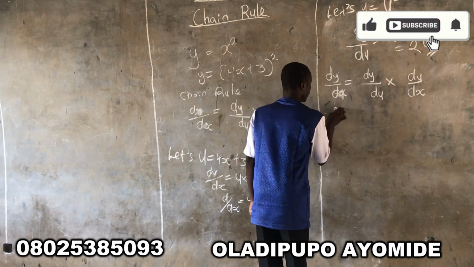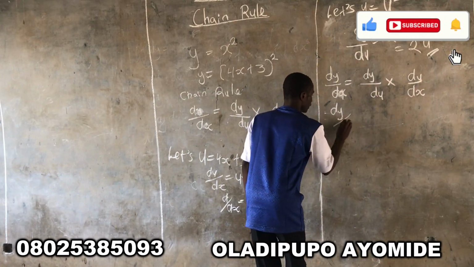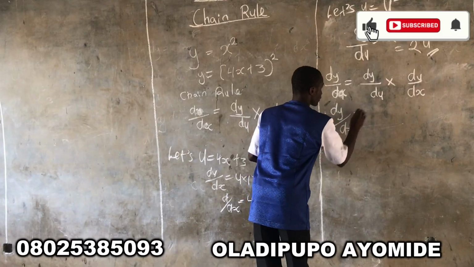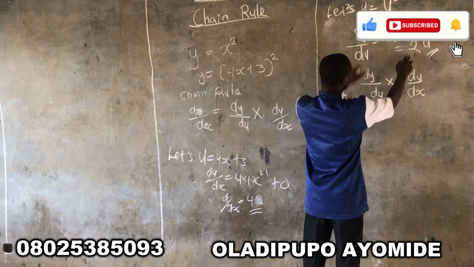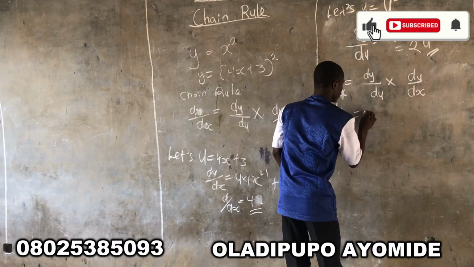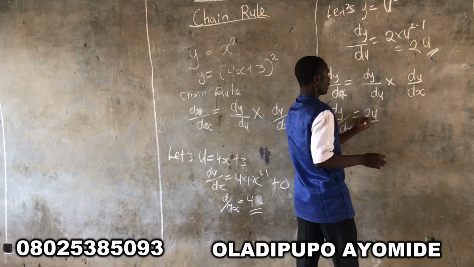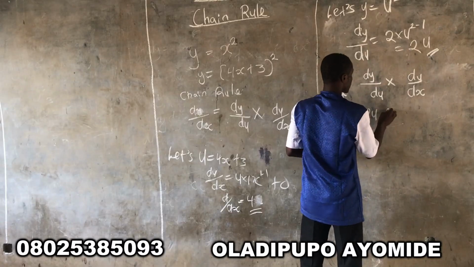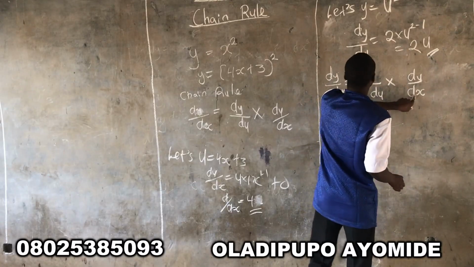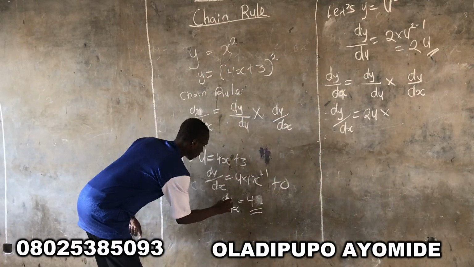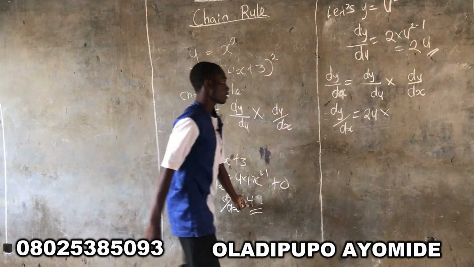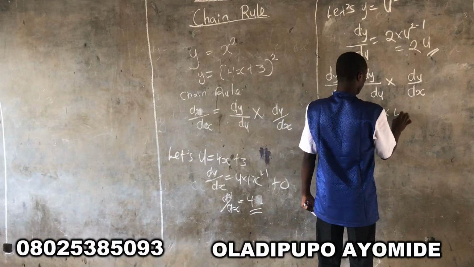Our dy over du here is 2u, times our du over dx, which is 4.